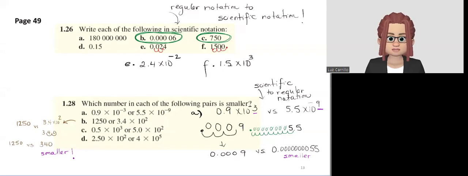So I would suggest that in order to practice, do problem C on 1.28 and determine which one of those two values is actually the smaller number in the pair.